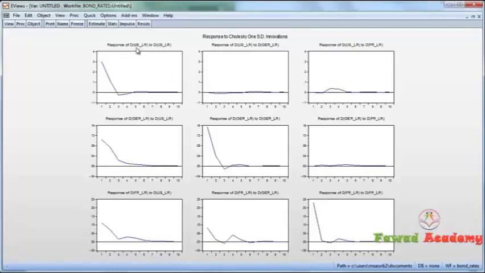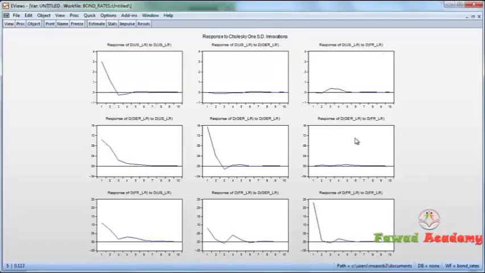So let's look at that in detail. What we have is, in the first row, the responses of the change in the US long rate to first shocks in the change of the US long rate, then shocks in the change of the German long rate, and then shocks in the change of the French long rate.